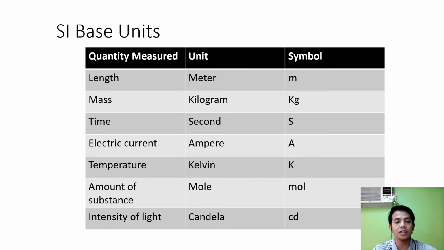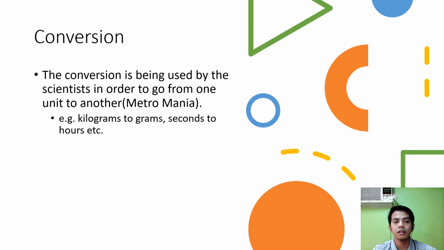We also have a separate discussion about the amount of substance. So what is conversion? Conversion is used by scientists to go from one unit to another. For example, kilograms to grams, seconds to hours, etc.